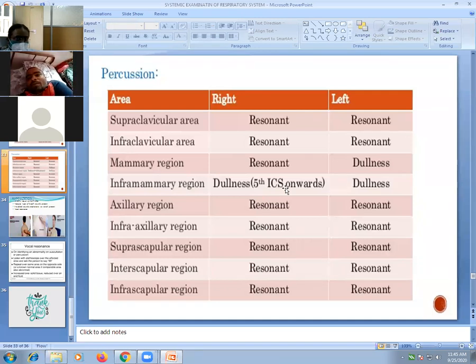So you can write that there is a stony dull note on the right side, and the area, that is infra-axillary area, infrascapular area, inframammary area or the intercostal spaces, whatever. So you write the presence of a stony dull note in case of pleural effusion, a dull note in case of consolidation. Otherwise, if the lungs are normal, you write that resonant note is present all over the chest.